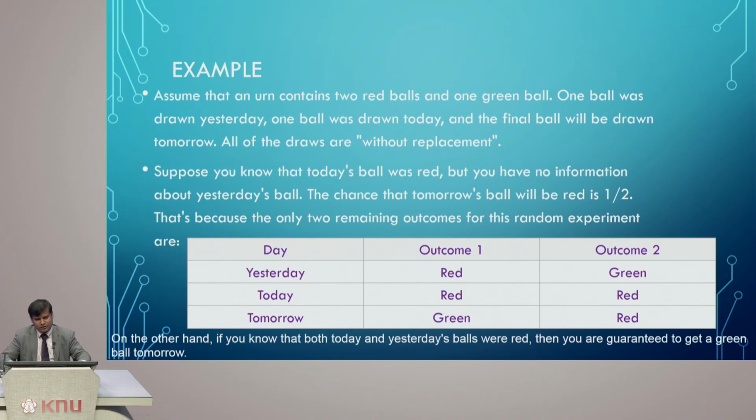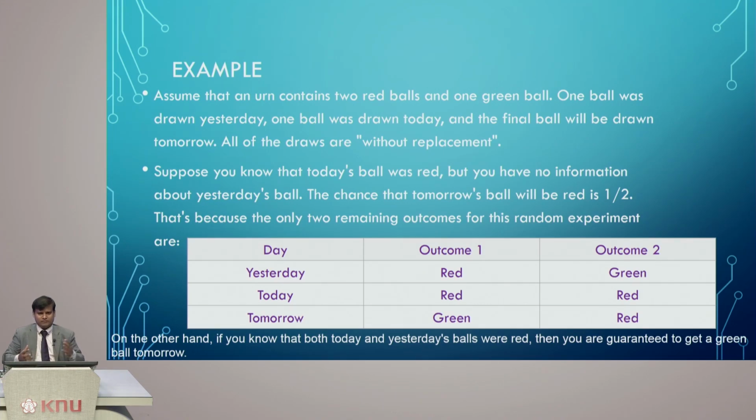Let's assume that an urn contains 2 red balls and 1 green ball. So one ball has been drawn yesterday, one ball has been drawn today, and the final ball will be drawn tomorrow, and all of this has been done without replacement.